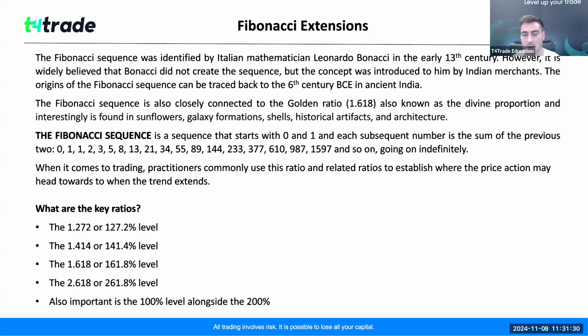Practitioners commonly use these ratios and related ratios to establish where the price action may head when the price extends. This is the Fibonacci extension. It's the same thing for where the price action may head when the trend retraces, where you're going to have the Fibonacci retracement as a much more appropriate tool. So what are the key ratios?